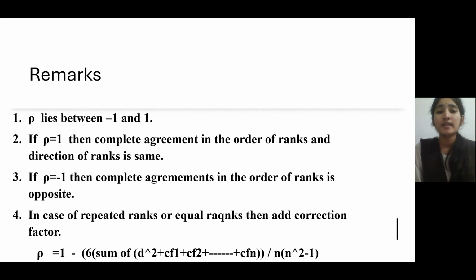Rho equals 1 minus 6 into sum of d square plus CF1, and if you have more than one correction factor, then use CF2 and so on up to CFn, divided by n into n square minus 1. Here, CF is calculated as 1 by 12 into m into m square minus 1, where m is the number of times a rank is repeated.